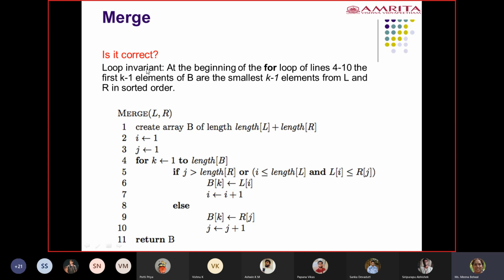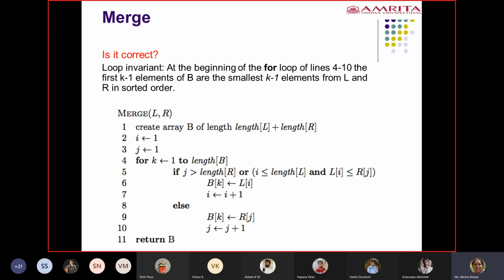Loop invariant will always be with respect to a loop, that's why the name is loop invariant, so we also have to mention the loop. So at the beginning of the for loop of lines 4 to 10, the first k minus 1 elements of B are the smallest k minus 1 elements from L and R in sorted order.